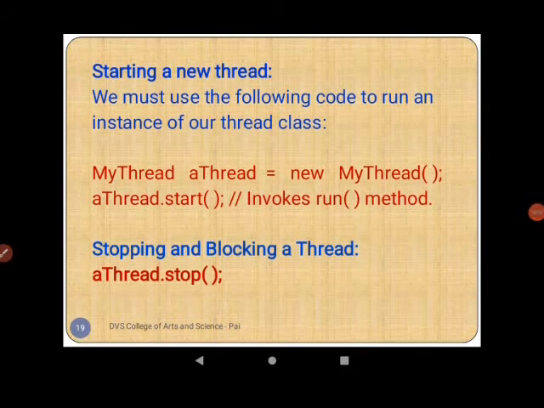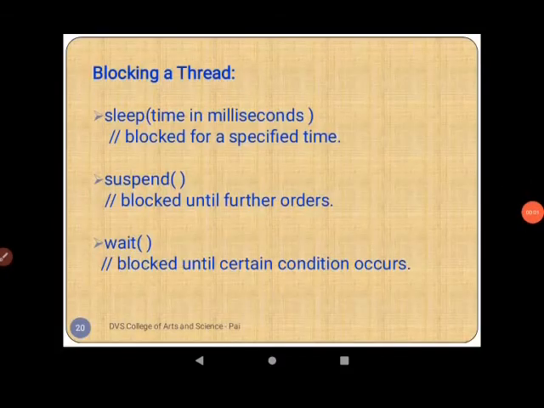Stopping or blocking a thread. Whenever we want to stop a thread from running further, we may do so by calling its stop method, that is, aThread.stop(); in this case. Blocking a thread. A thread can also be temporarily suspended or blocked from running by using any one of the below mentioned thread methods.